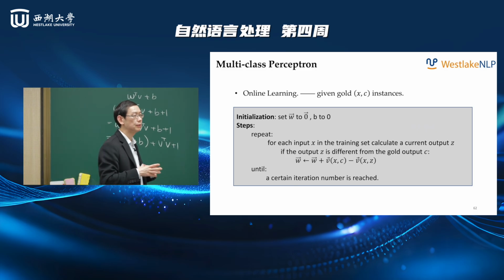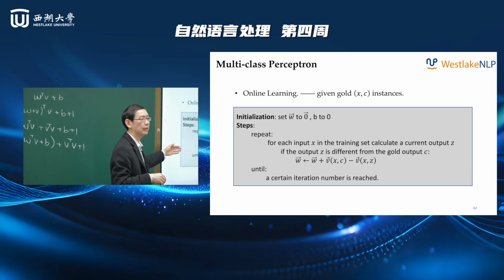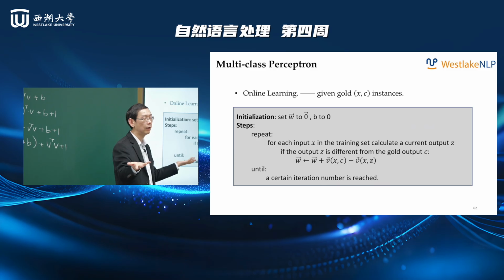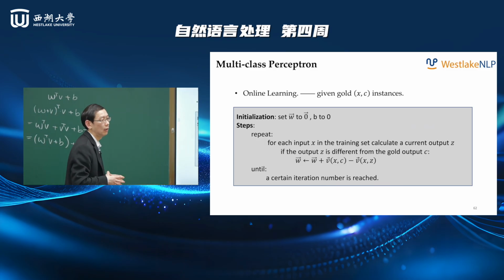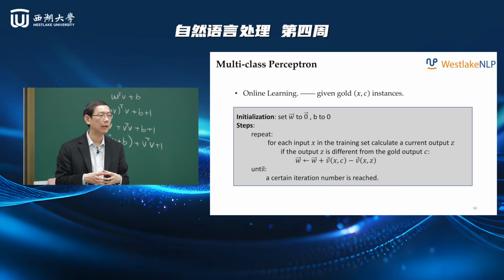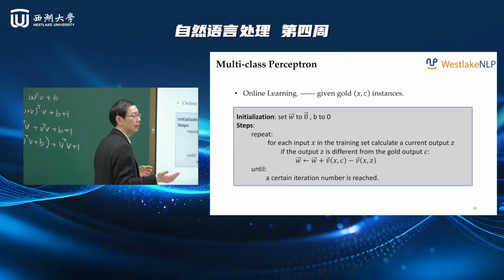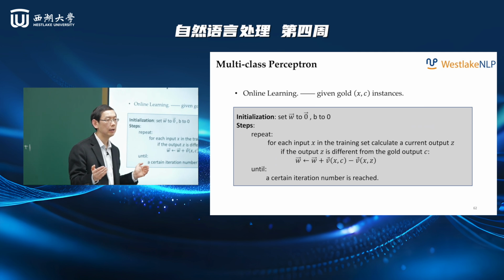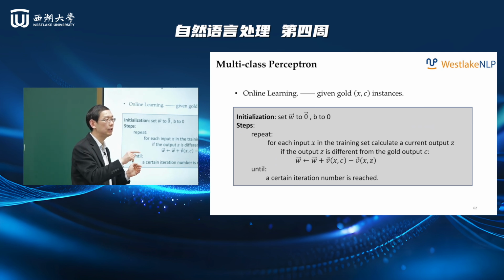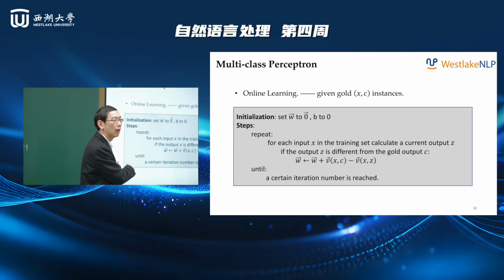Now, if the output is correct, I move on to the next instance. I'm fine, I did it correctly. If the output is incorrect, I just add the representation of Ci, namely V(D, Ci), to my omega.